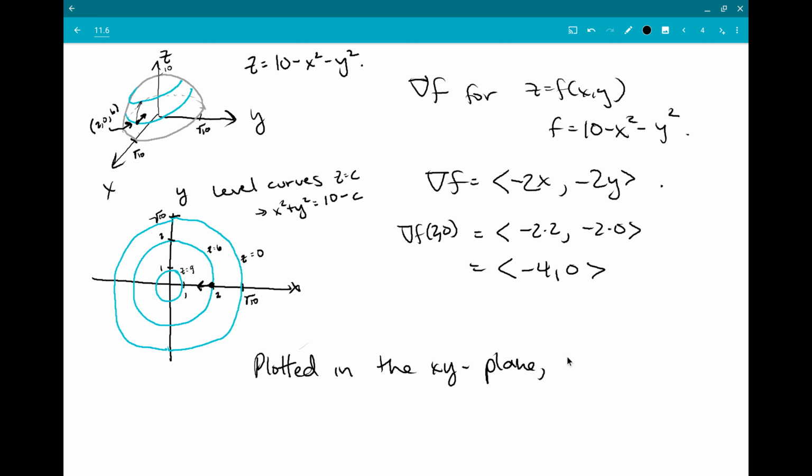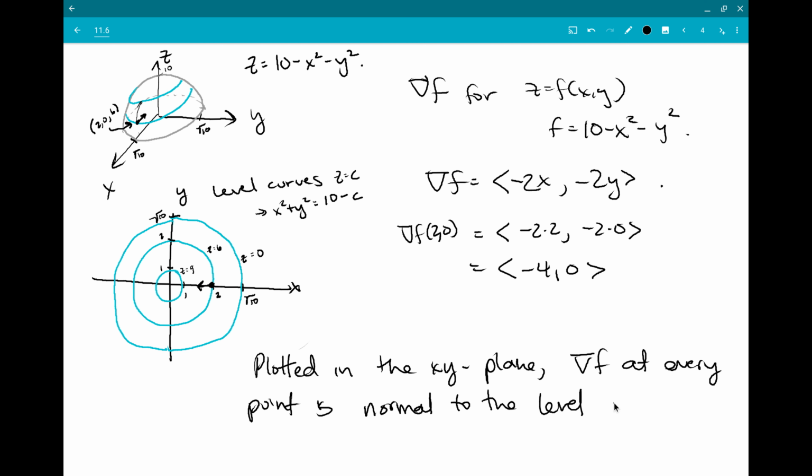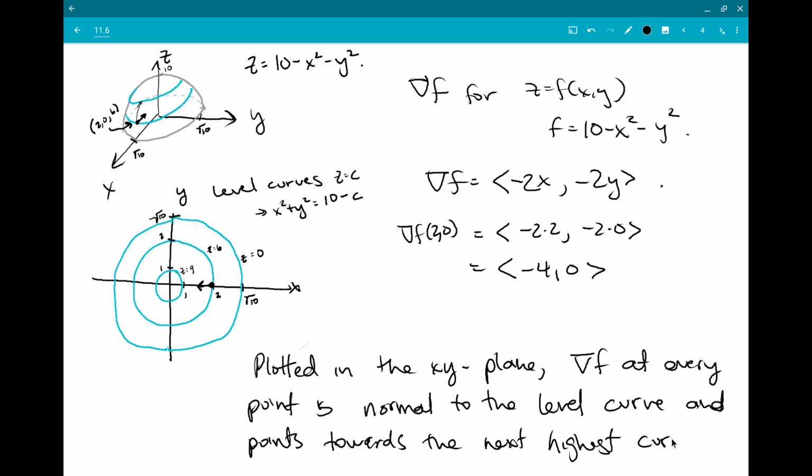So plotted in the xy plane, grad f at every point is normal to the level curve and points towards the next highest curve.